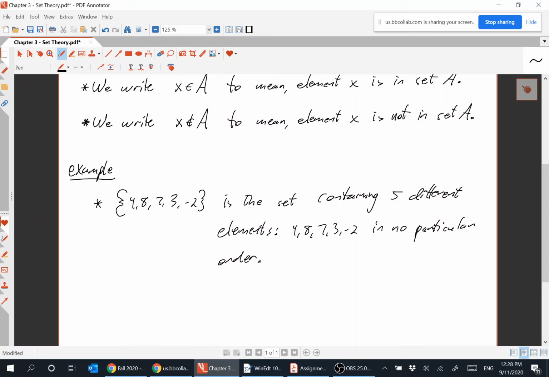Okay. When you present it like this, you wrote them in a certain order, but that order is not inherent to what the set actually is.